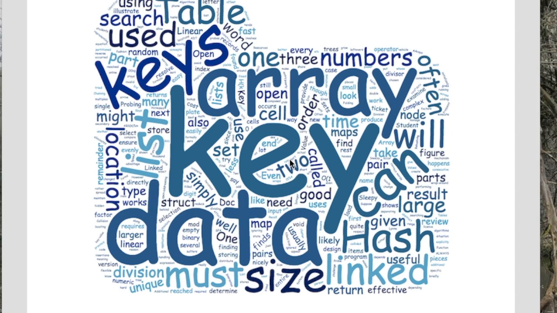Wait, so does that mean that we have two different sets of data or two different types of data, or a data that has two aspects to it? It typically means that you have a struct of data that has two or more aspects in each struct. So it would be like maybe a student with a name and a student number and some classes they're enrolled in and an email address.